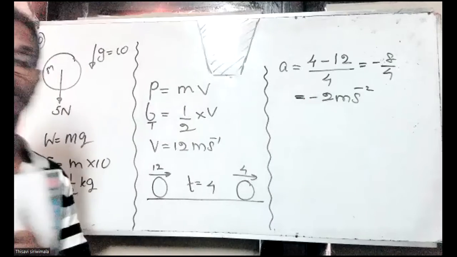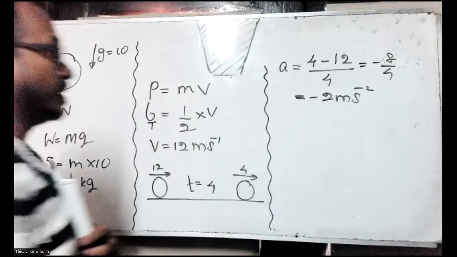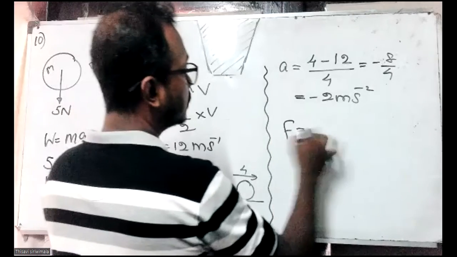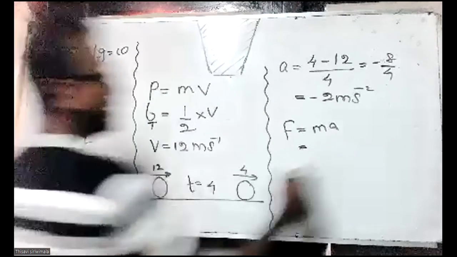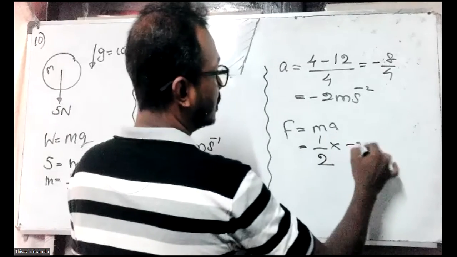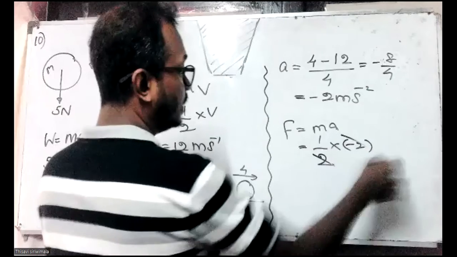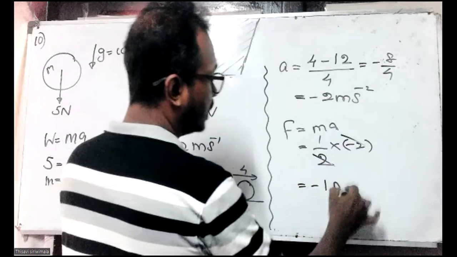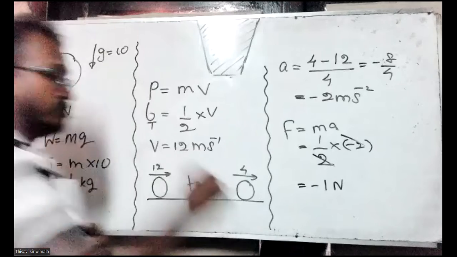So you have got a negative answer for the acceleration, meaning it is the deceleration. Now apply F equals ma. So mass half kg into acceleration minus 2 ms^-2. When you simplify, they will be cut off: minus 1 newton. That is the force acted opposite to the motion.